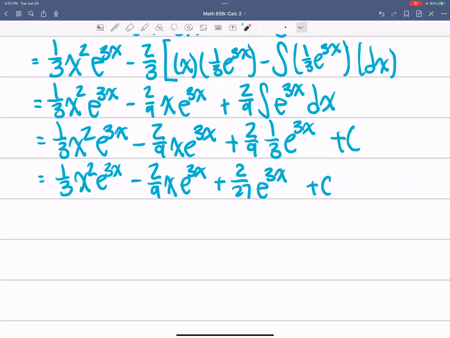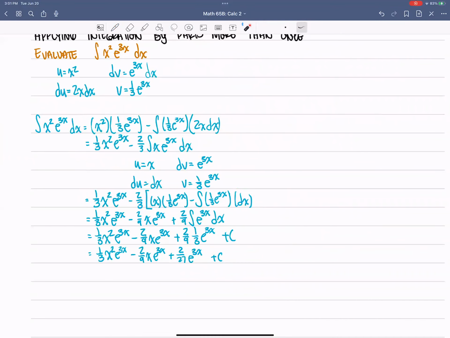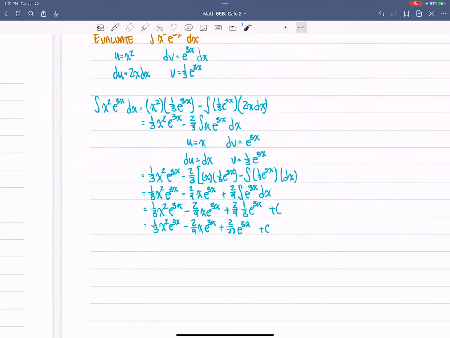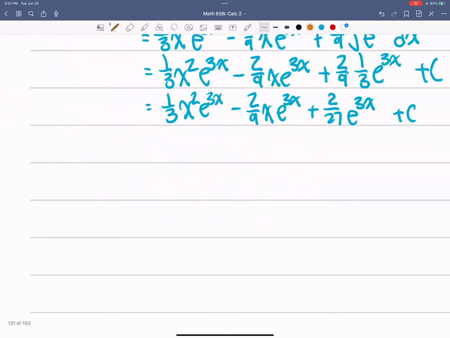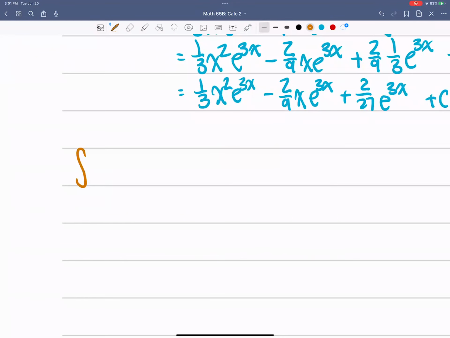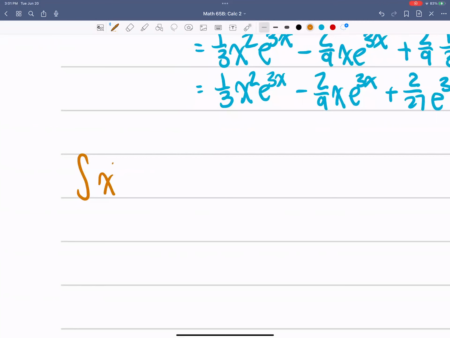And if you notice, we did stuff that was a bit repetitive, so there is a bit of a shortcut. Let's see what that looks like. What we had was the integral of x squared e to the 3x dx.